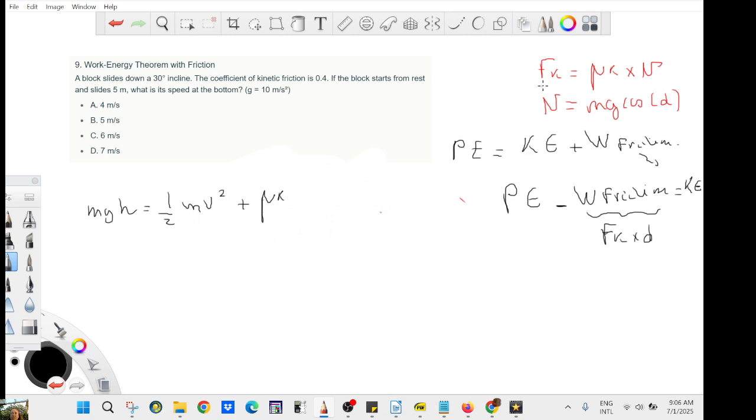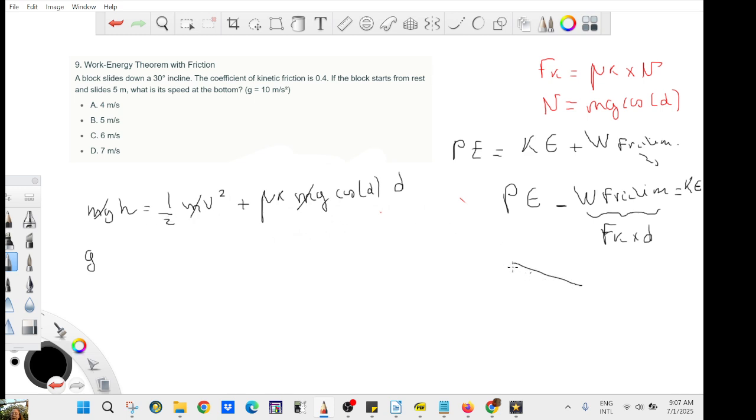So normal force is mg cosine. So I'm going to put mg cosine, and then don't forget to multiply by the distance. So you see the mass, we don't care about the mass, right?